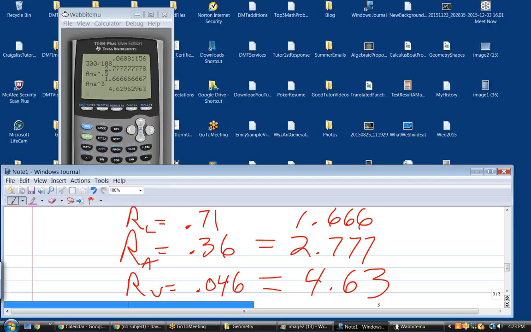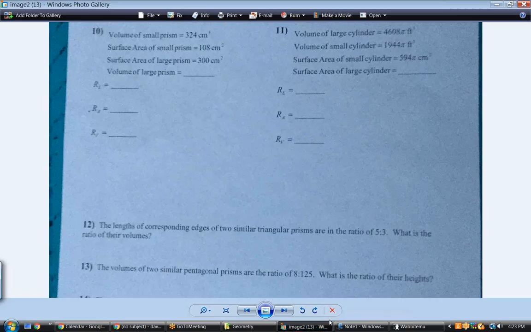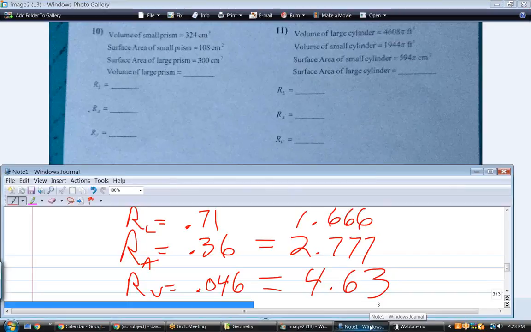Now, when I go to find the bigger volume, I know the volume ratio is 4.6, so I have to take that small volume and multiply it by 4.63 to get the big volume. All this tells me is that we made a mistake in our math doing it the other way.